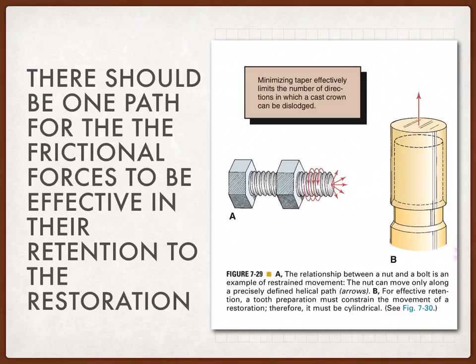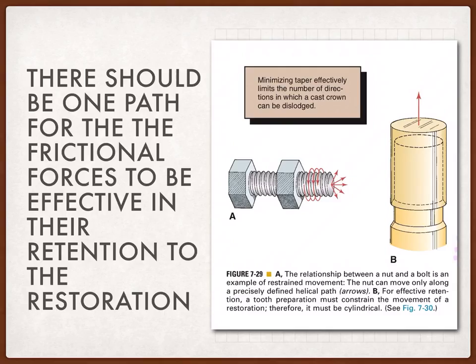A simple example for that is the bolt and the nut. The nut has frictional forces to the bolt, and it has only one path of placement and displacement so that it can be retained to the bolt.